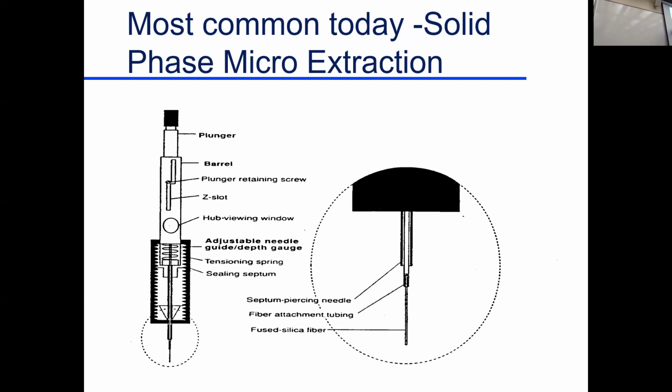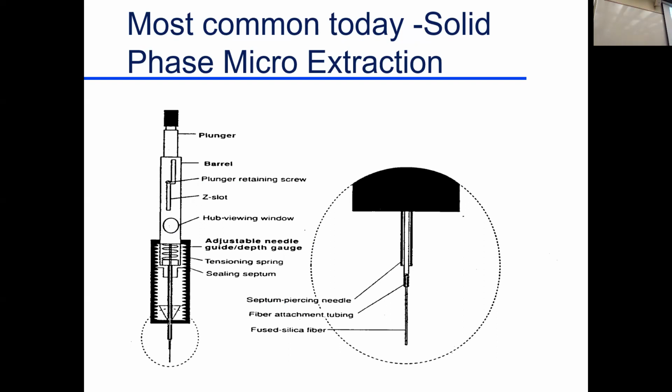The way this works is kind of an interesting form of a syringe. We've got a plunger, a way to lock the plunger down and pull the plunger out. That goes down onto a needle, and that needle is normally in the sheath.